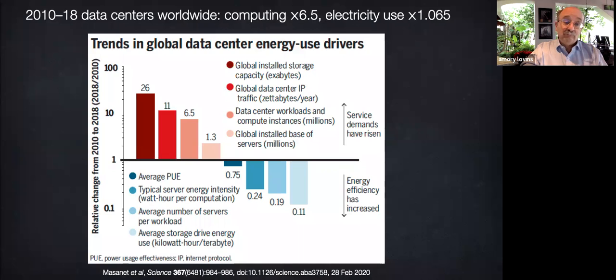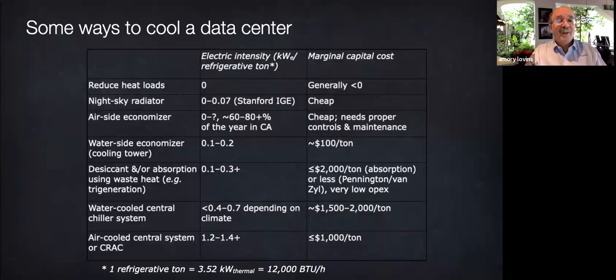For example, go back a minute to cooling. Conventional data centers have long used costly and inefficient refrigerative cooling units called CRACs, C-R-A-C. So we looked at alternatives. And if you look at the kilowatts per refrigerative ton, which is 3.52 thermal kilowatts, you know why it's called that?